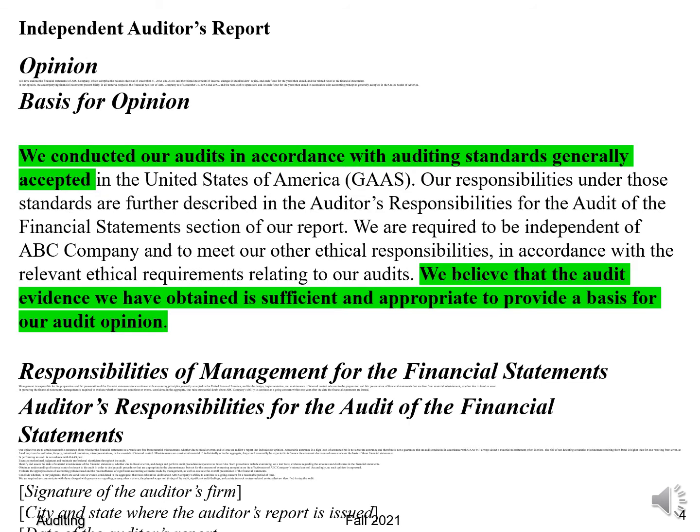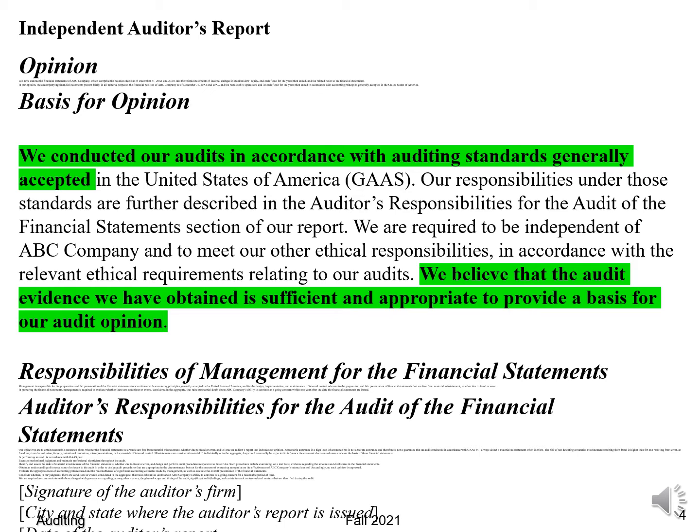The basis for opinion section. There's 2 pieces. Notice they're green because they're really important. We conducted our audit in accordance with generally accepted auditing standards. If not, we got a big problem, right? So we start out, we conducted our audit in accordance with generally accepted auditing standards. And then we end up, remember I've said before, sufficient appropriate audit evidence is a huge concept.